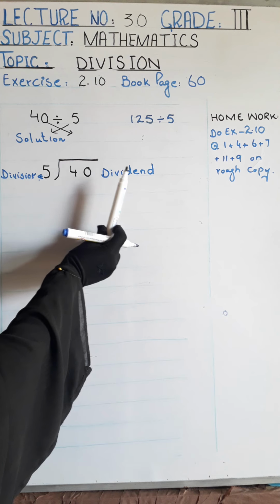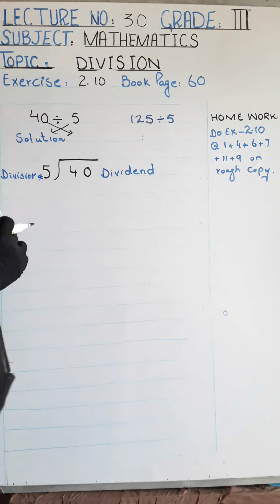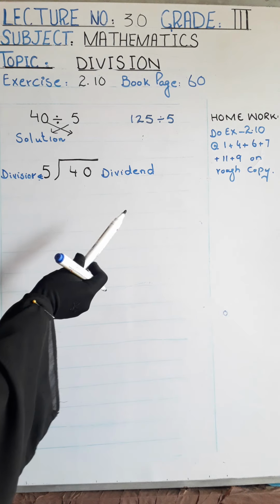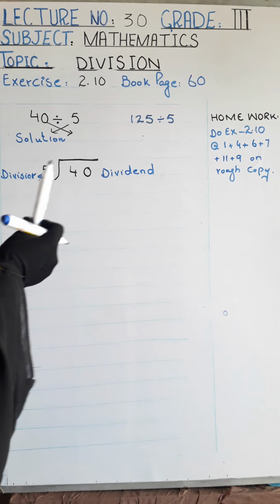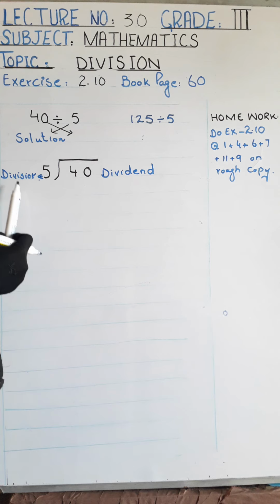And the number by which we divide is called divisor. The number which is divided, which we find out, is the dividend. But the number by which we divide is called divisor.